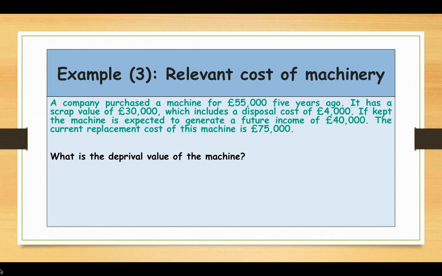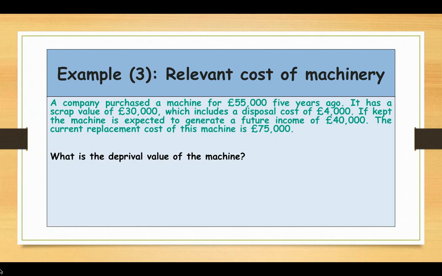Now, when you compare these two figures, by keeping the machine, the company would generate more income. Therefore, the recoverable amount of this machine is £40,000. That is the highest value out of the scrap value and the net cash inflow of the machine by keeping this machinery.